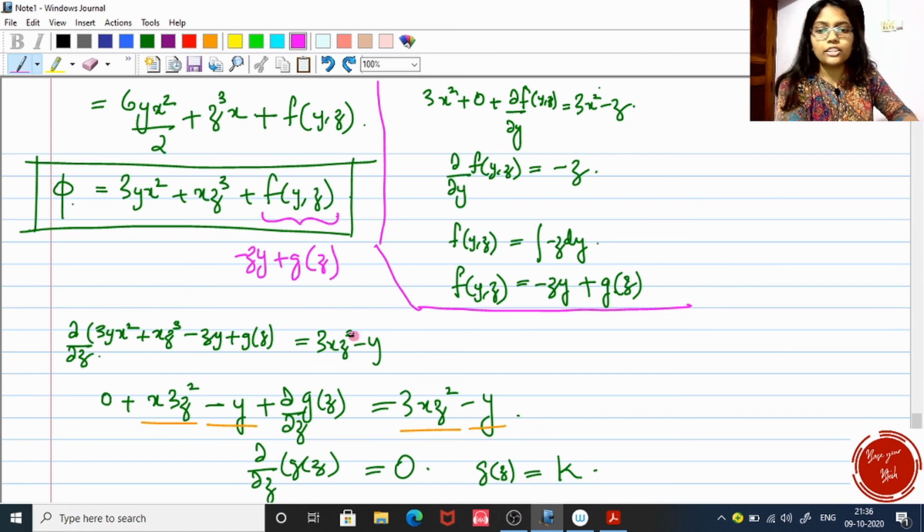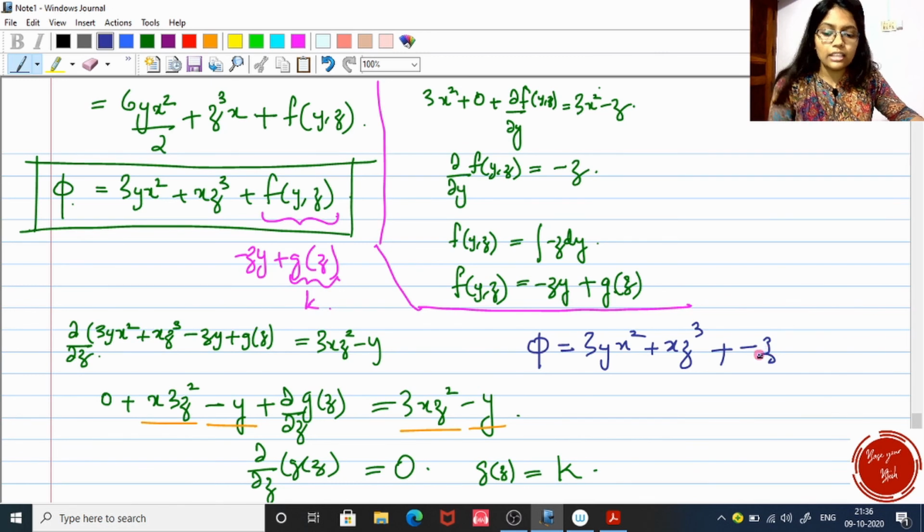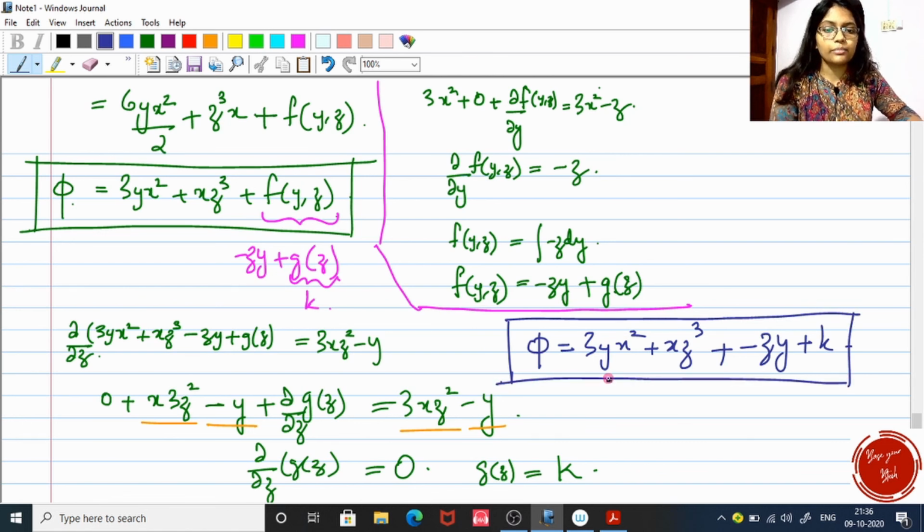Now let's write this g of z equal to k over here. Now our function, that is the scalar potential, is now ready. 3yx square plus x z cube plus f, which is minus zy plus g of z, and g of z is k. So it is minus zy plus k altogether. So here is the scalar potential.